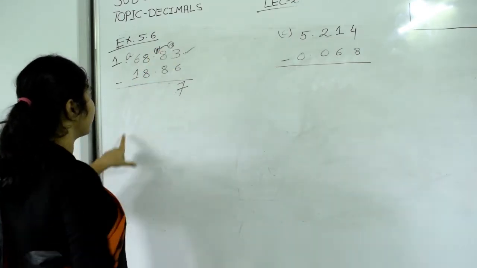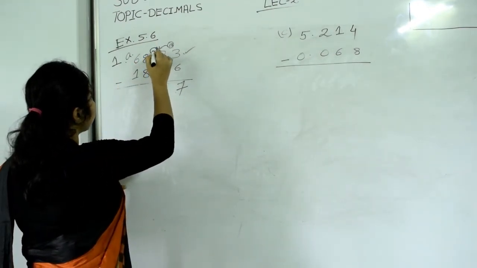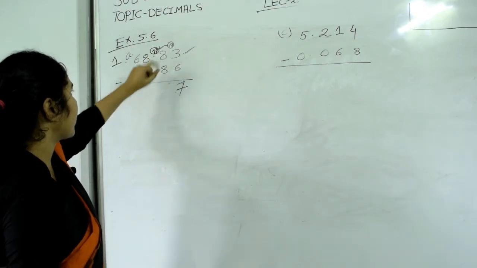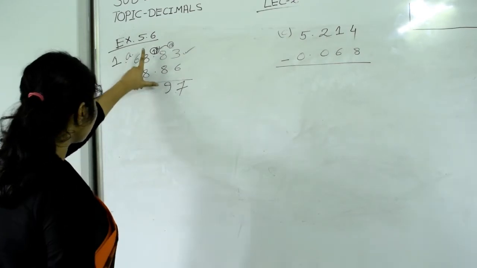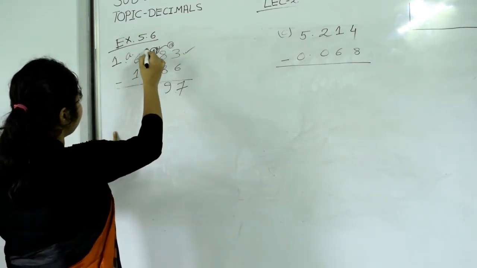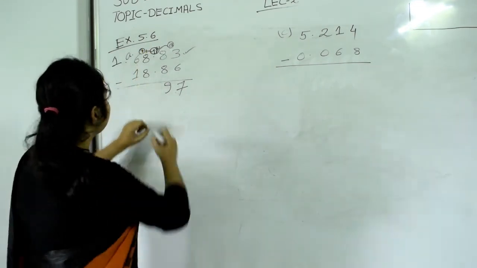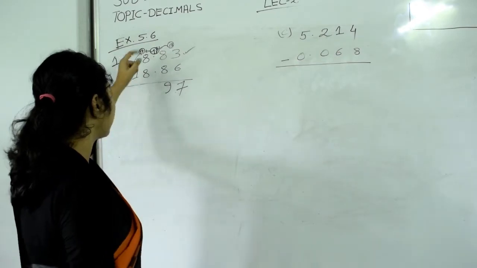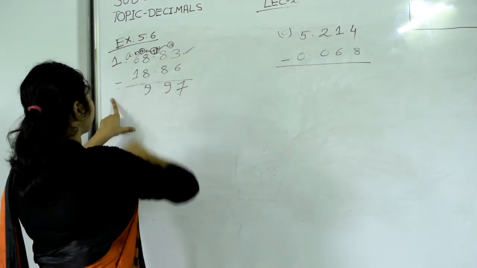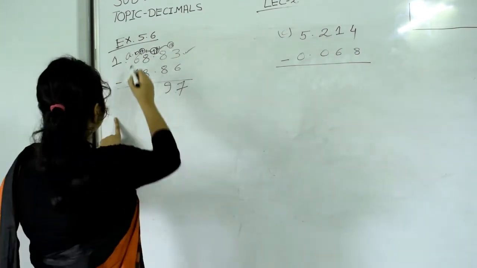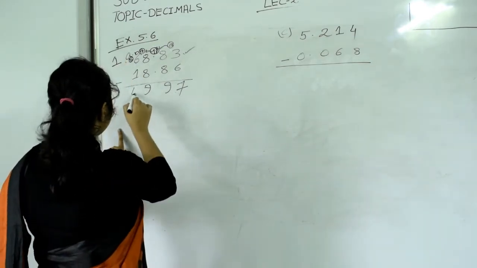It will give us 7, right? Now again 7 is smaller than 8. So assume here 17. Now 8 minus 17, 9. Next again take this 1 here and subtract from 8. Again it will give us 7, right? So assume here again 17 and 8 minus 17, 9. Now again take this number and subtract from 6, which means 5. Now 1 minus 5 is 4.